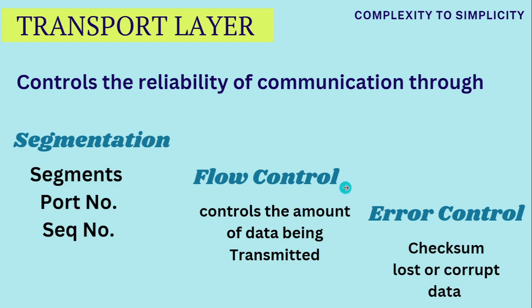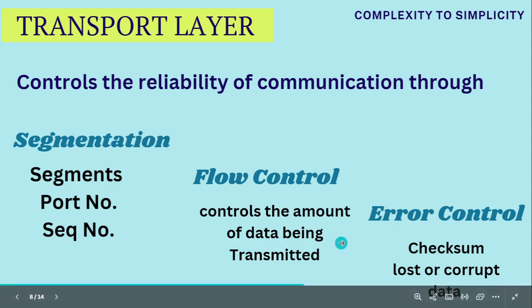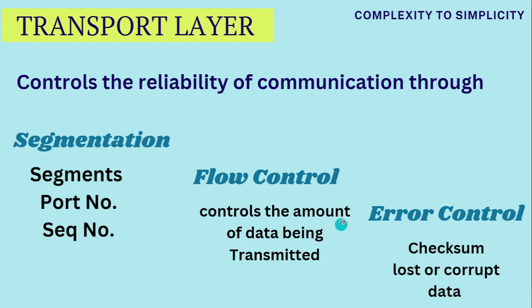Then the next task, flow control, happens. Now what is flow control? The transport layer controls the amount of data that is being transmitted. Consider our mobile is connected to a server. Suppose the server can transmit data at a maximum speed of 100 Mbps, and our mobile can process only up to 10 Mbps.